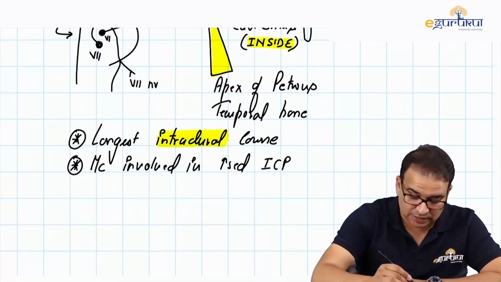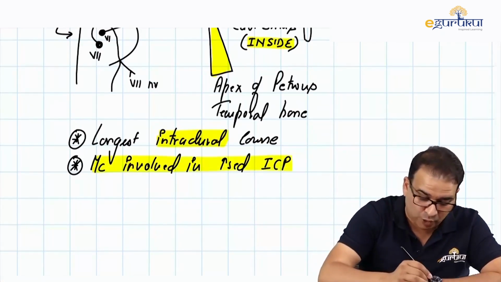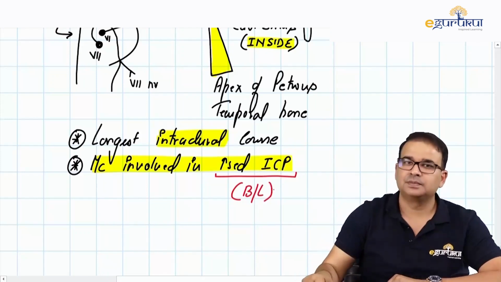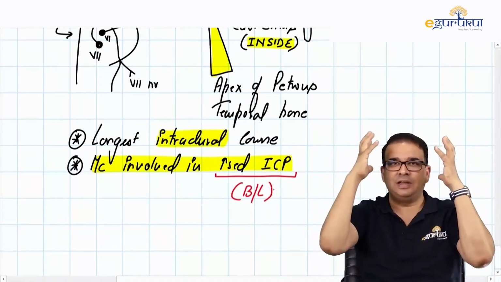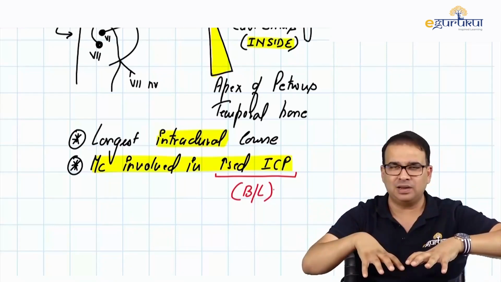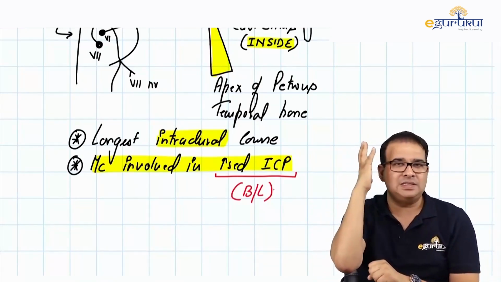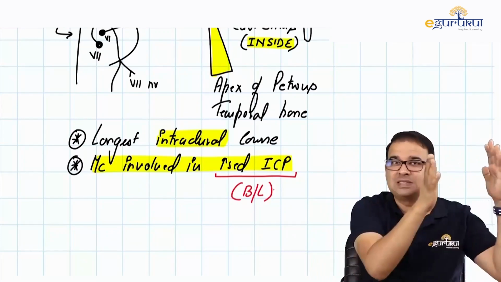Now I've said this is most commonly involved in increased intracranial pressure, but the point is that the increased intracranial pressure must be present bilaterally. If it is a bilateral increase or there is an overall increase in the cranial cavity, then only the brainstem will descend downward. If it is unilateral, on one side, then the brainstem is not going to descend down. It will be pushed to one side.